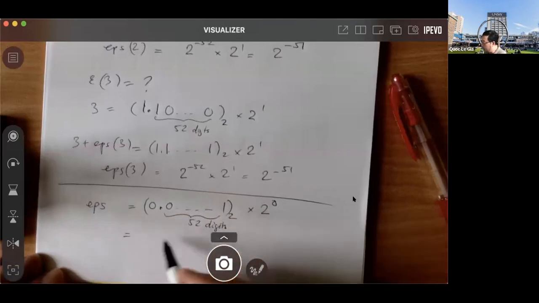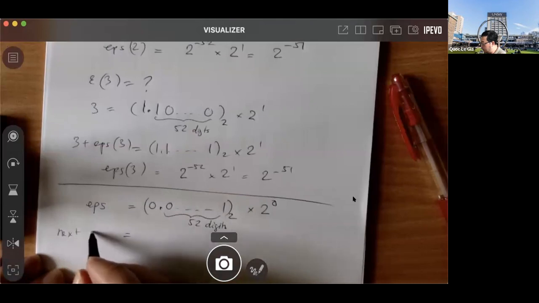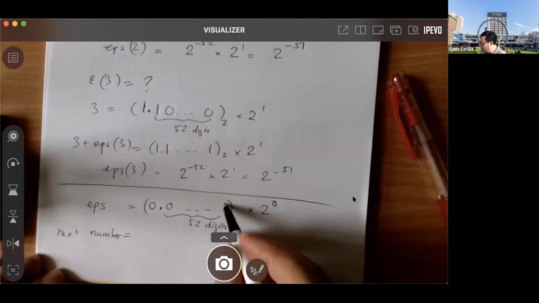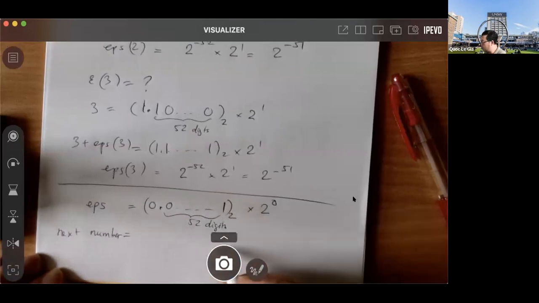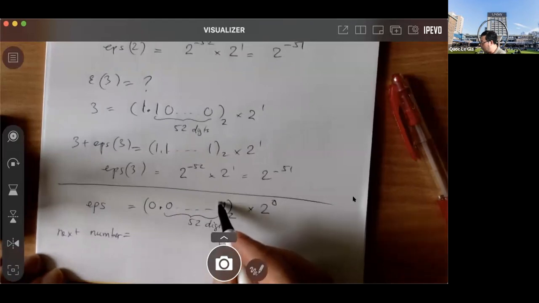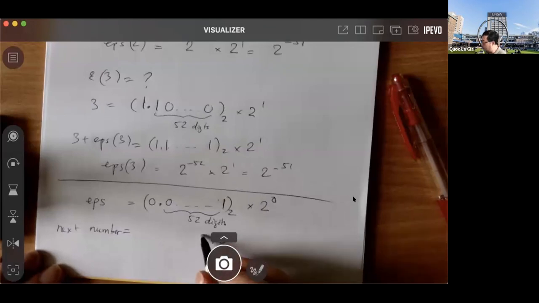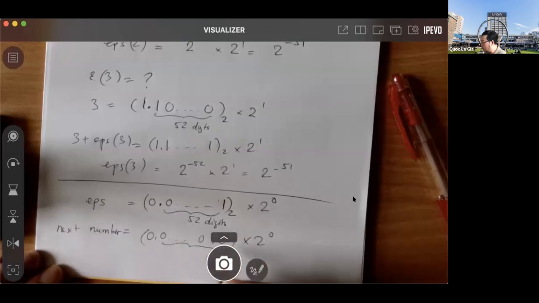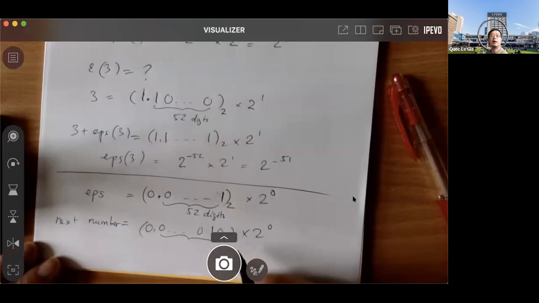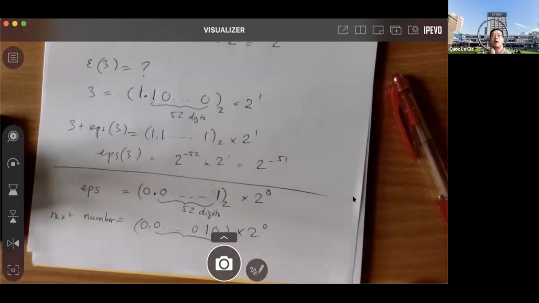Then the next number, remember, like the odometer, you turn this one to 0, and then the next 0 will become 1. Then this one will be your next machine number. So this is the 51st digit.